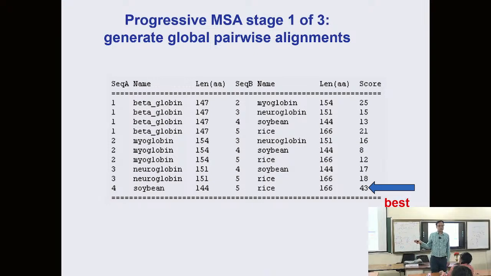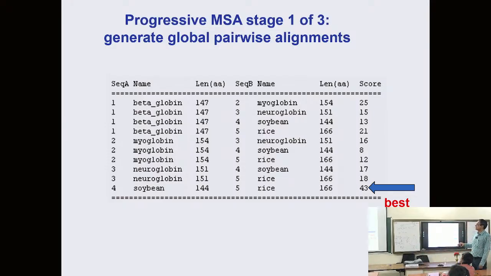Okay. So there are 5 globins, and when you consider all pairs, how many pairs would there be? 5 globins, and you have to get all pairs. So how many total pairs? 5 combination 2. 10, yeah, 5 choose 2 is 10.